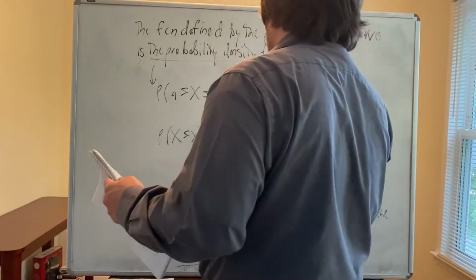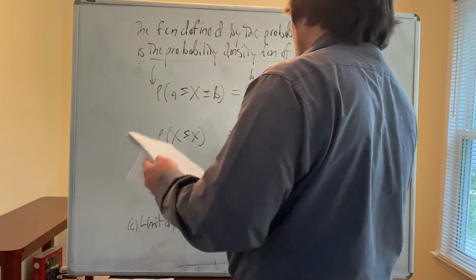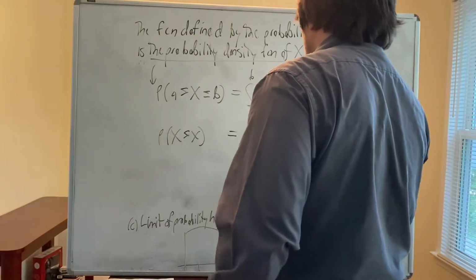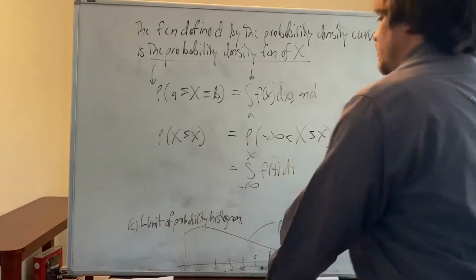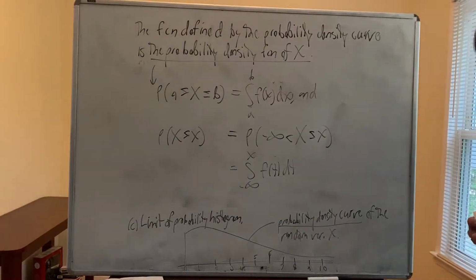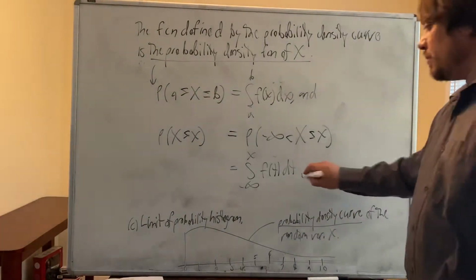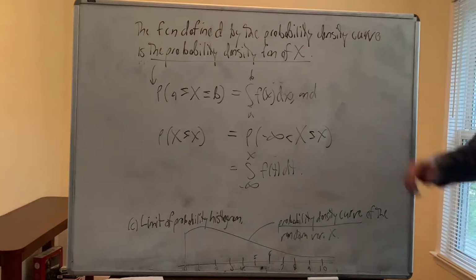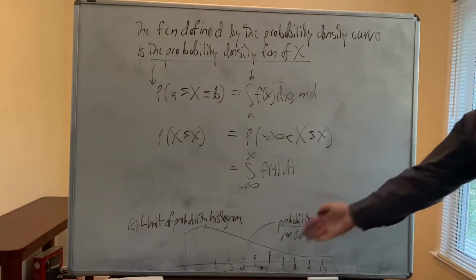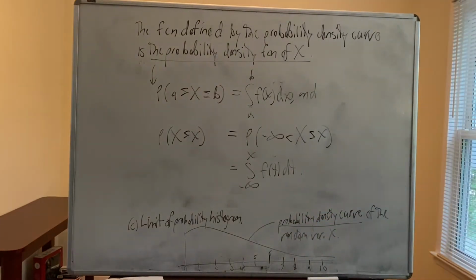That's equal to the integral from negative infinity to little x of f of t dt. Here t is a dummy variable. So the function defined by the probability density curve is the probability density function of x.